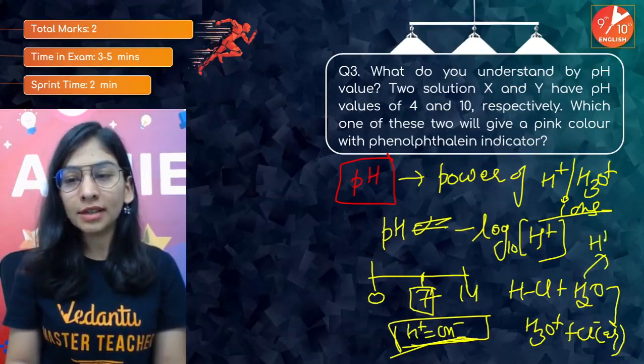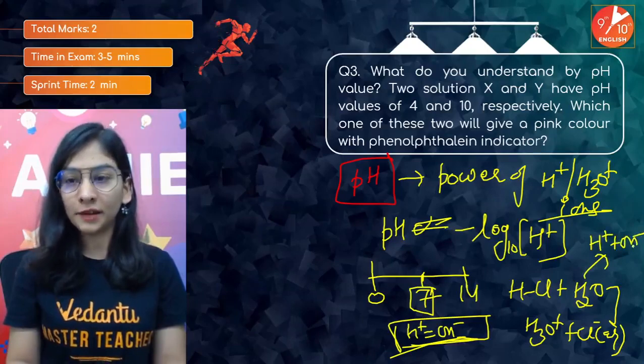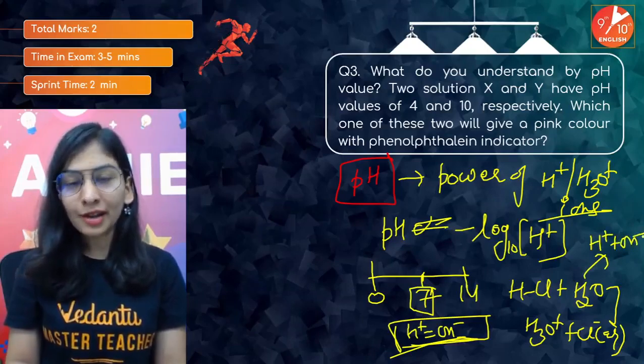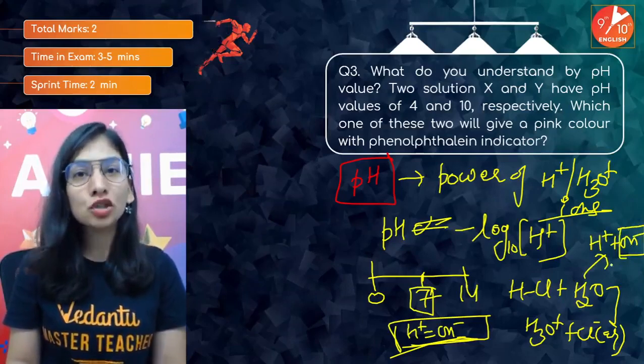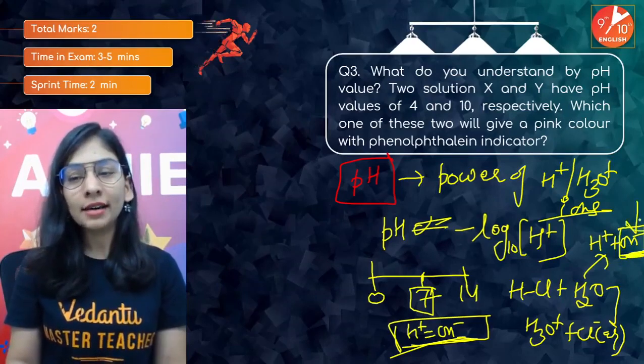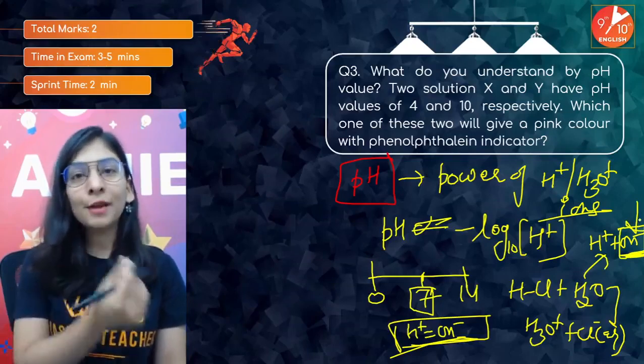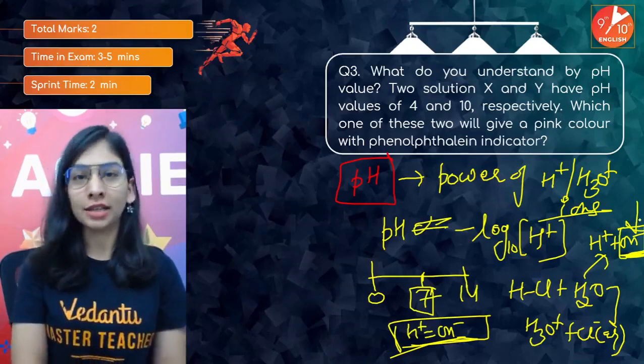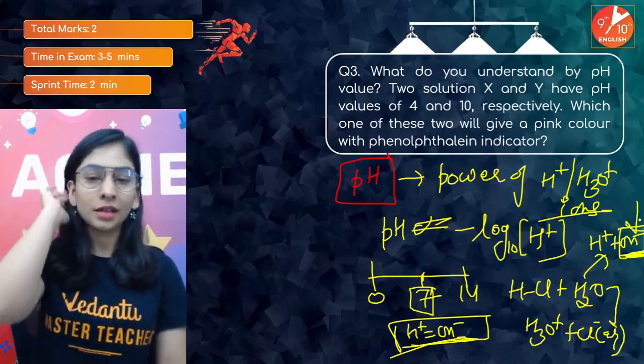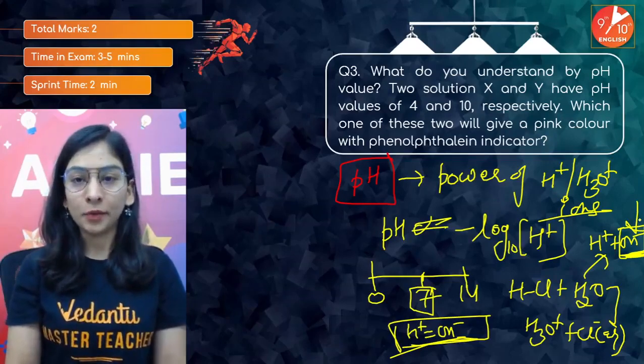Two kinds of ions, H positive and OH negative. All right. And when I am talking about the ionization of OH ions and H ions because of H2O, because of water, I'm having OH ions. So there will be a few OH ions even in an acidic solution. Please do remember that. Okay.